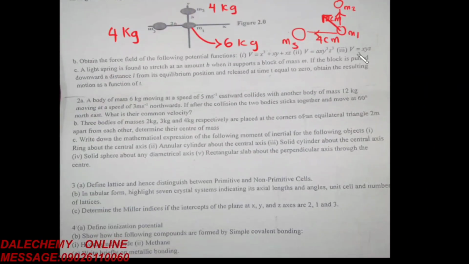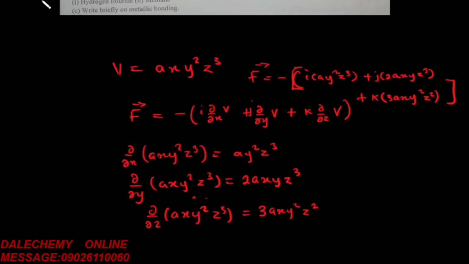Now for the last potential function xyz, you do the same step. So your potential function is xyz.